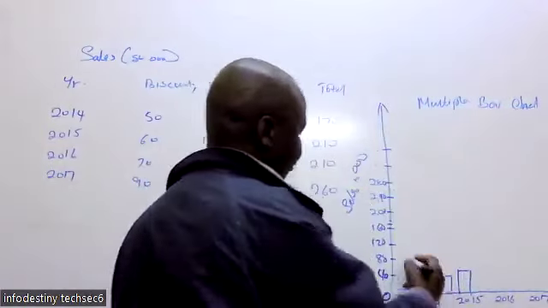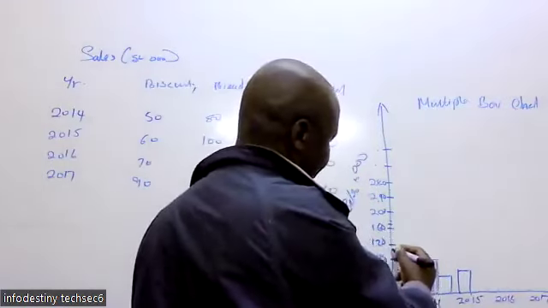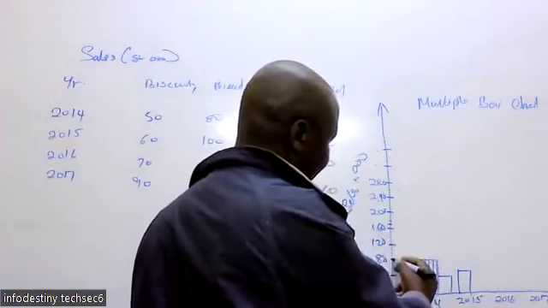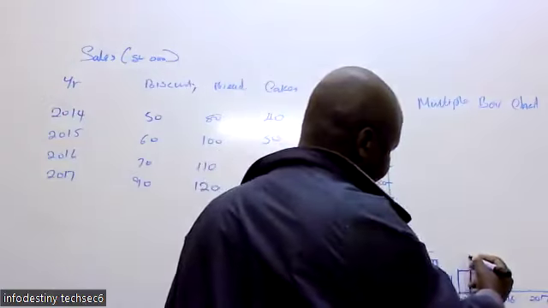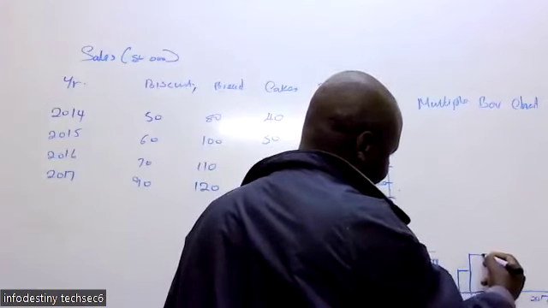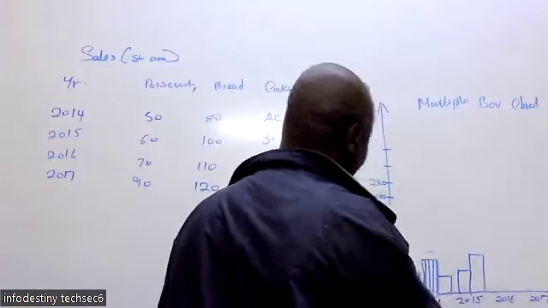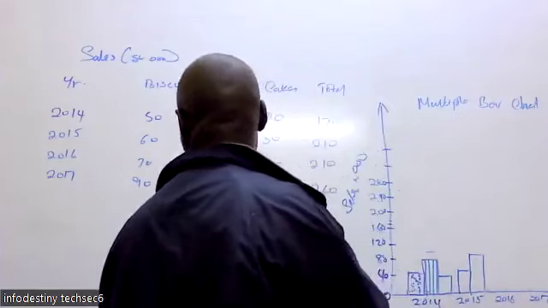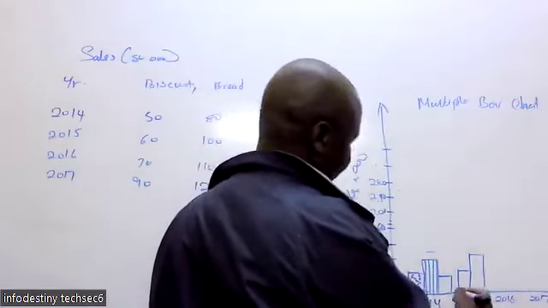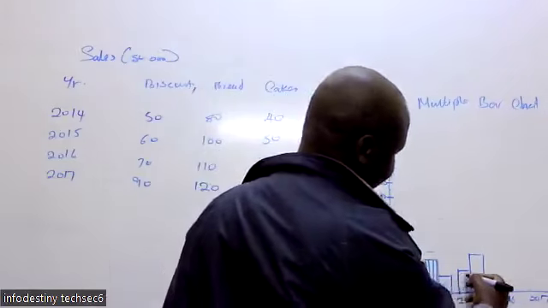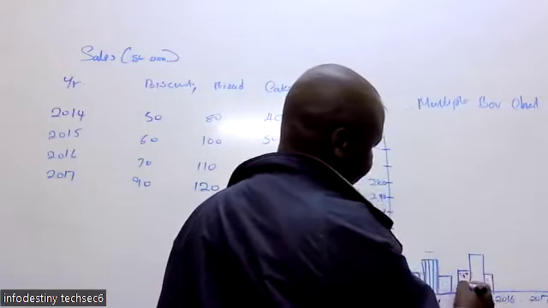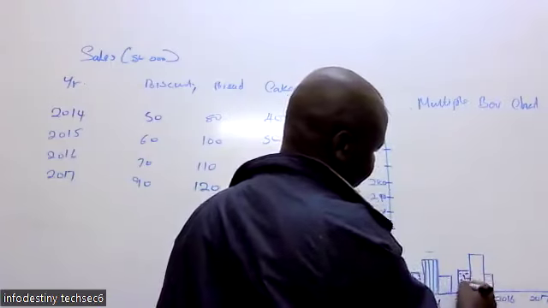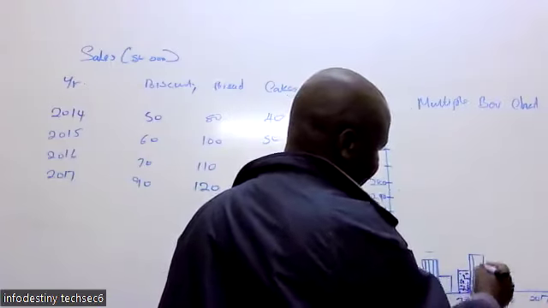Then 100, we go up to 100, somewhere there. Then the last one is going to be 50. 50 is somewhere there. It's going to be like this.